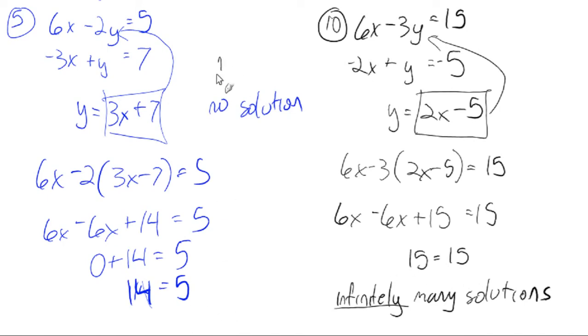So a false statement at the end where the variables get eliminated is no solution. Where your variables get eliminated but you get a true statement is infinitely many solutions. Okay. So there you see those two examples, and now we'll do the same kind of thing with elimination.